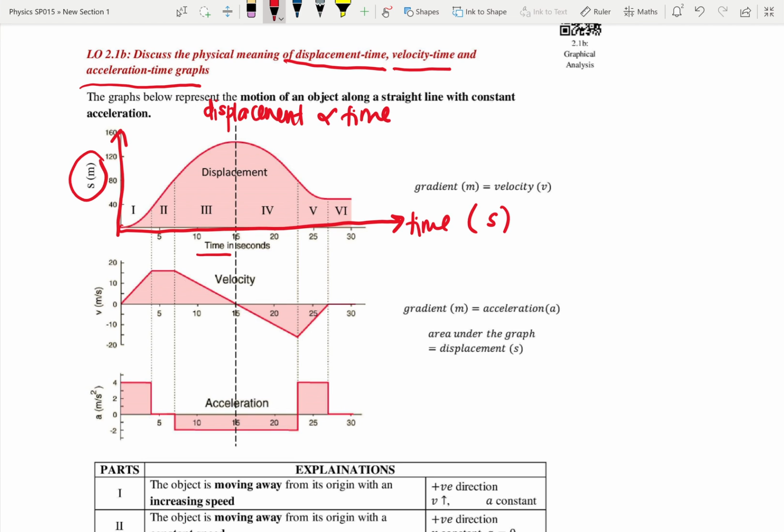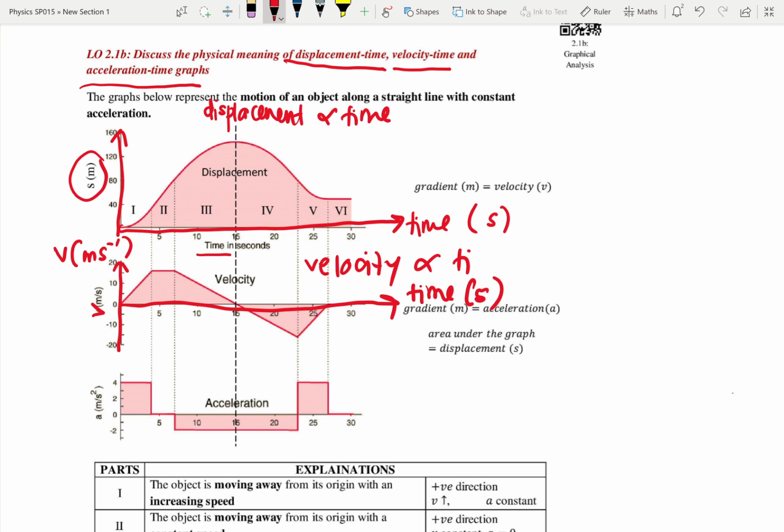And then the second one is the graph of velocity against time. Look at this axis. This is velocity v in unit meter per second. And then the x-axis is the time t in unit second. So this one is the graph of velocity against time.